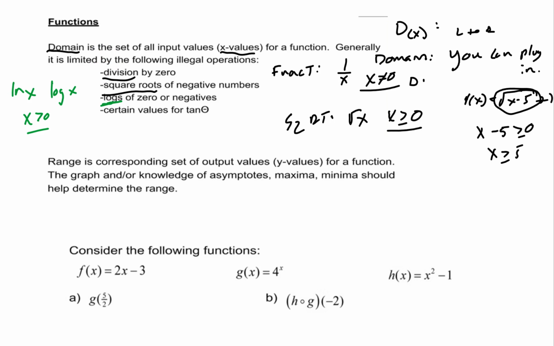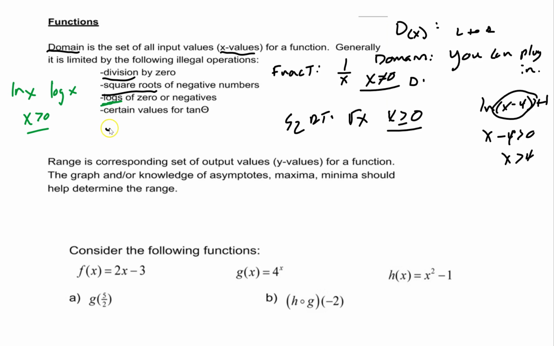So again, if I did a quick example here, what's the domain of natural log of x minus 4 plus 1? Again, I would only care about the part inside the log. That has to be greater than 0. Can't have negatives. So x has to be greater than 4. So that's basic domain.